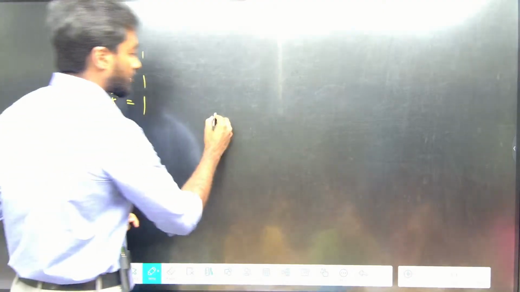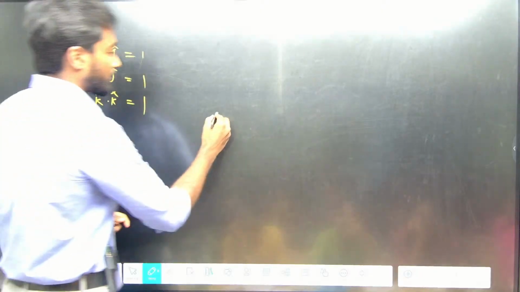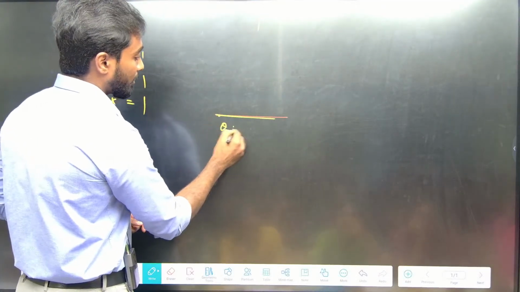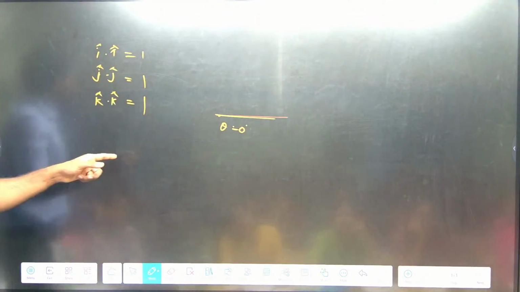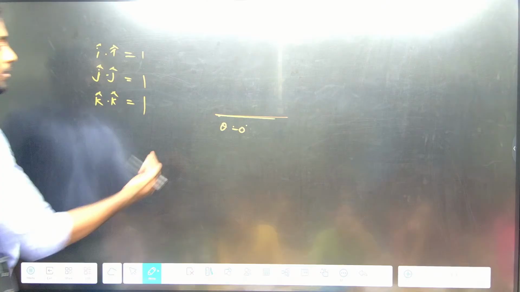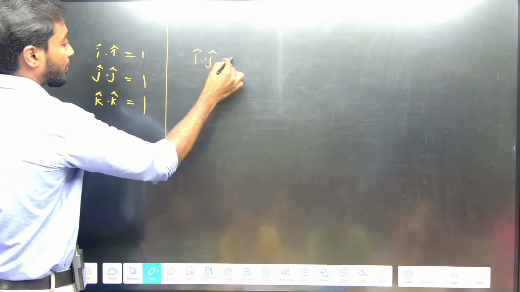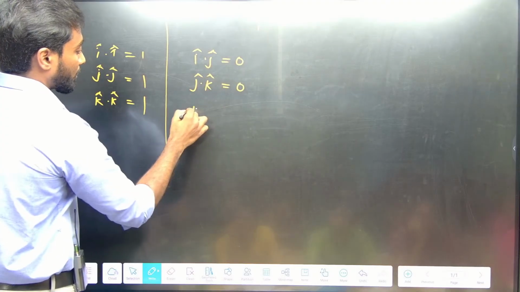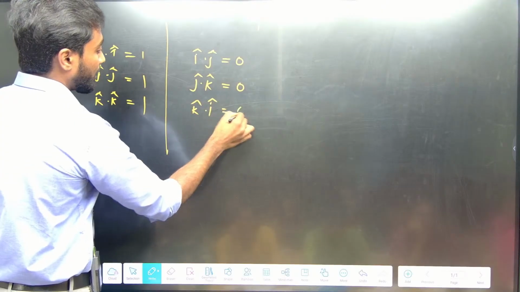If I take this as the x axis, and again one more x axis, the angle between them will be 0 degrees, so it is maximum. And one more thing: i dot j will be 0, j dot k will be 0, k dot i also will be 0.